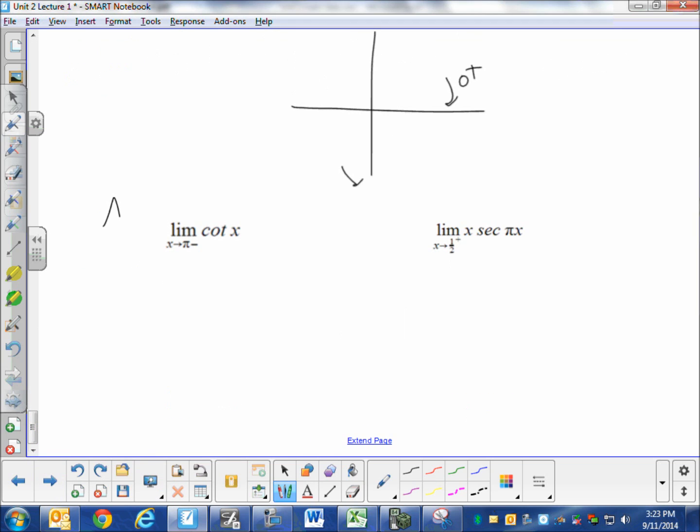One more, this one. This one you can do on your paper. You can do cosine over sine if you wish.